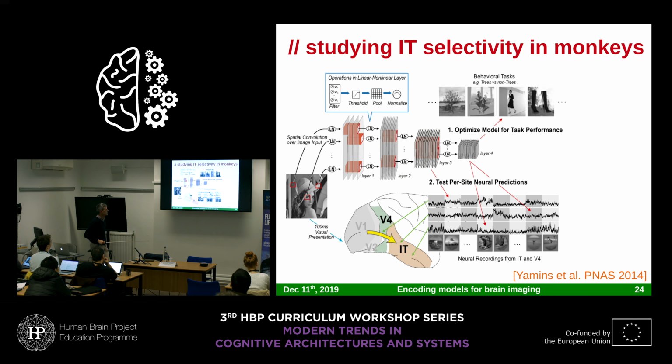So very similar things have been done in the monkey cortex with electrophysiology. This is why what I'm presenting today is not completely tied to BOLD imaging. Actually, the same business can be done with electric recordings in the monkey. So for these types of images, they analyzed them through the convolutional network, and they tried with the convolutional network to explain activity in different locations of the inferotemporal cortex of the monkey.